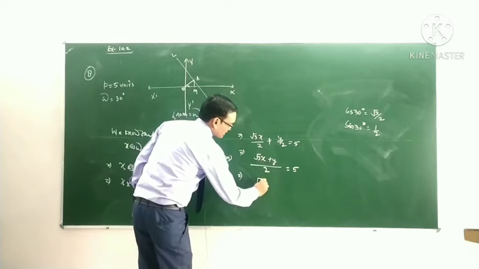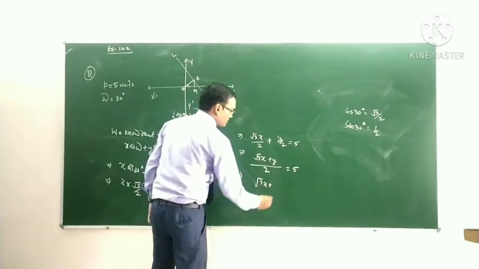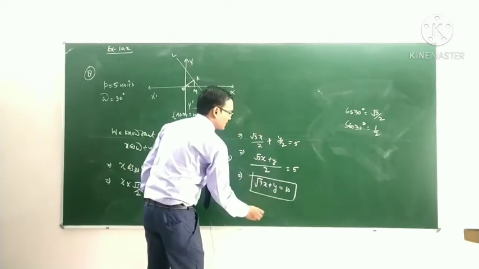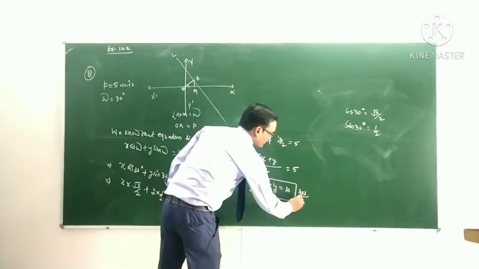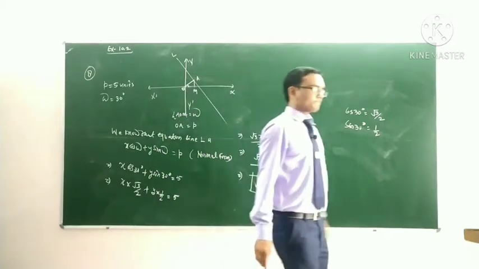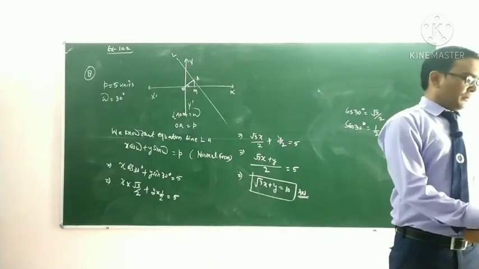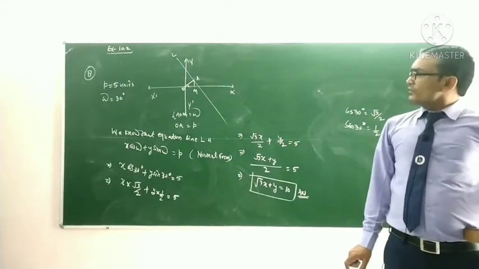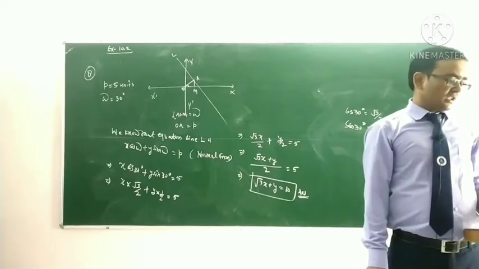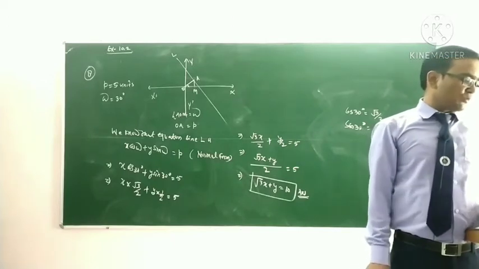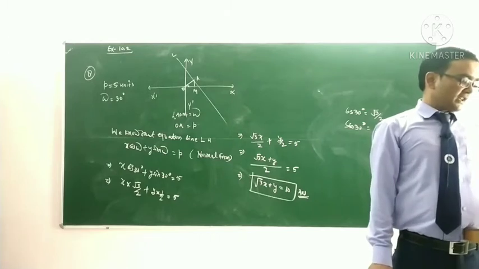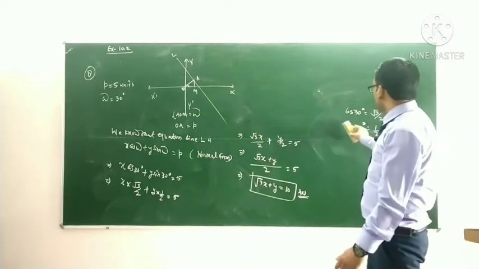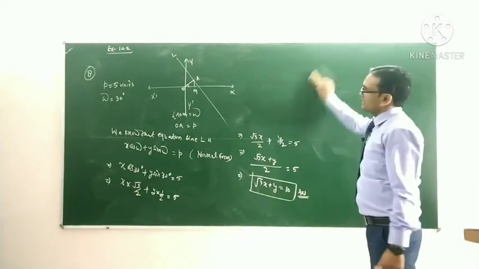This implies that (square root 3 x plus y) by 2 is equal to 5. This implies that square root 3 x plus y equal to 10, which is the equation of the straight line whose perpendicular distance from the origin is 5 units and the angle made by the perpendicular with the positive x axis is 30 degrees.